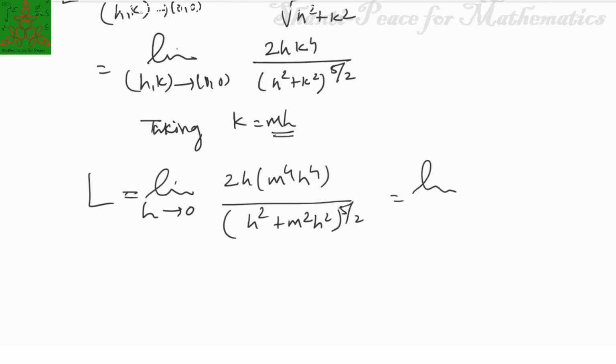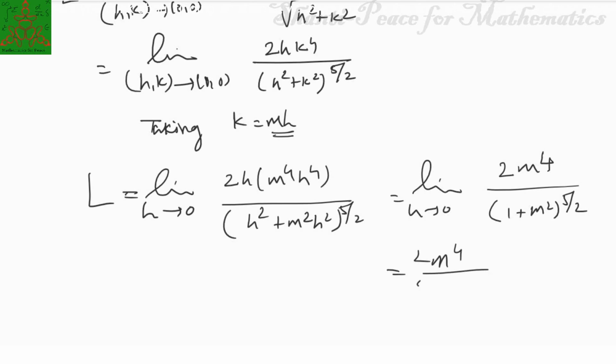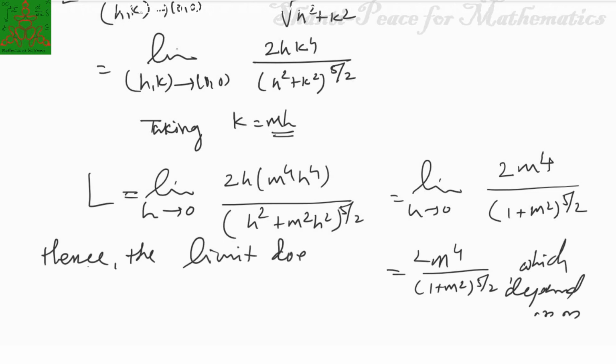So that gives you limit h tends to 0 of 2 times m to the power 4 upon (1 plus m squared) raised to 5 by 2, because h to the power 5 is common and cancels in the numerator and the denominator. So that's why it is 2 times m to the power 4 upon (1 plus m squared) raised to 5 by 2, which depends on m. Hence the limit does not exist.